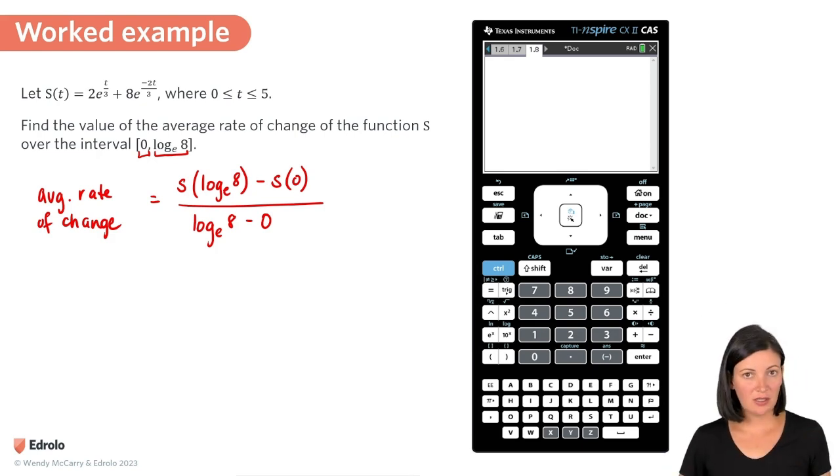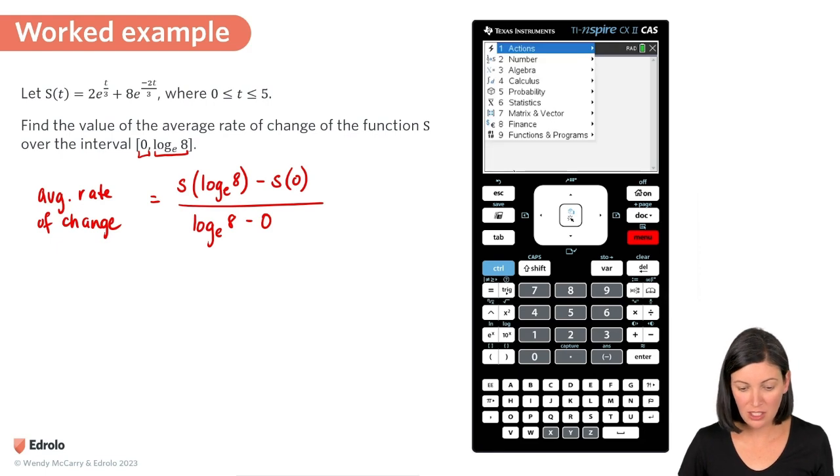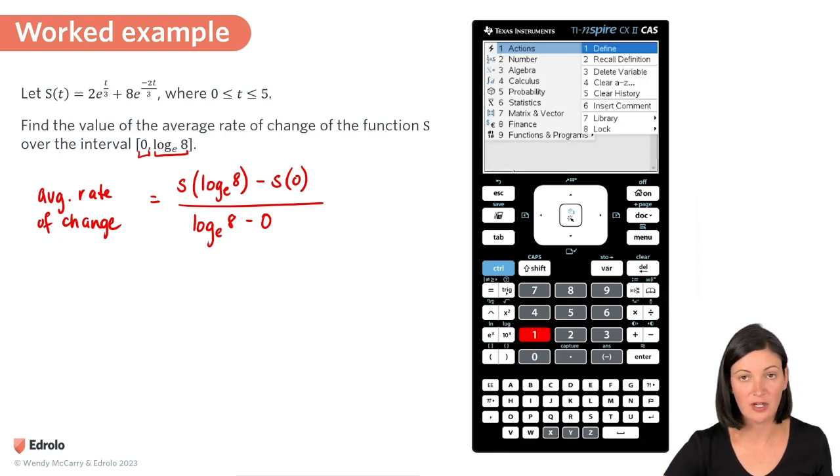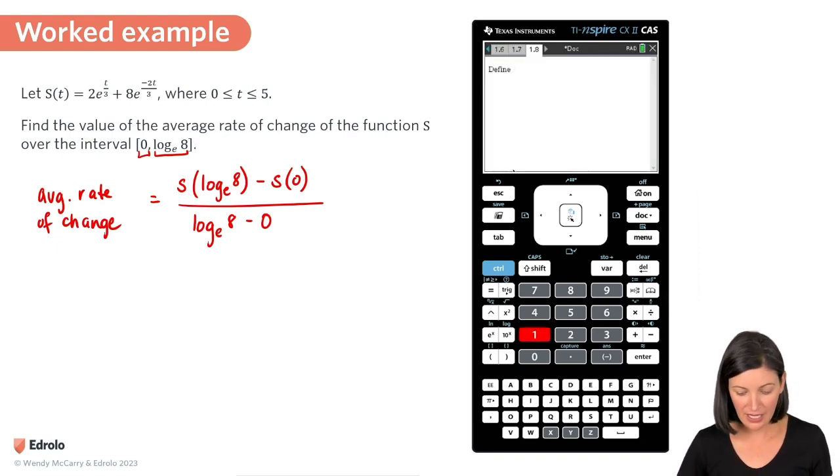To do this quickly and accurately in your calculator, when you have a more complex function, I would suggest that you define the function first. So we're first going to define s at t. We'll go into our menu and then our actions, and the first one is define. Then we want to define s at t, so I'm just going to do s and then in brackets t equals, and then we'll put in the function that we've been given.